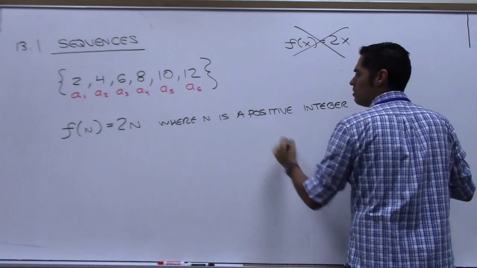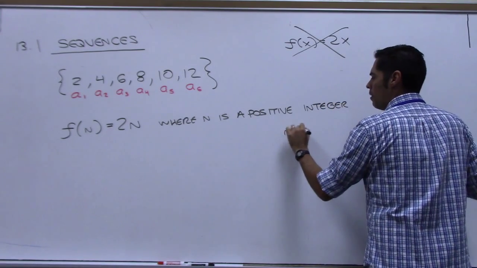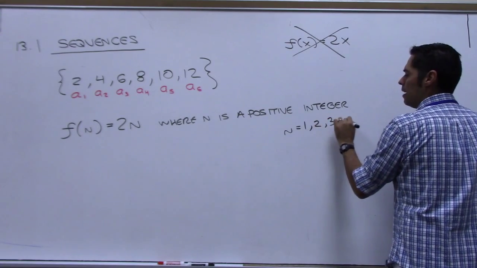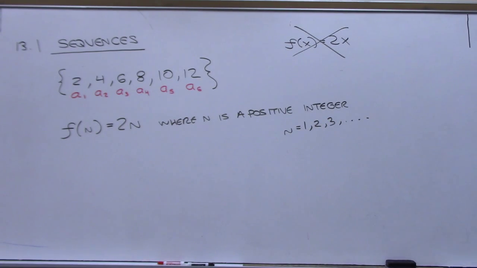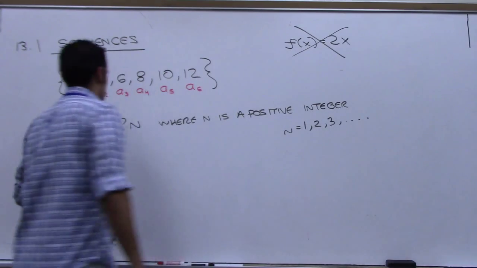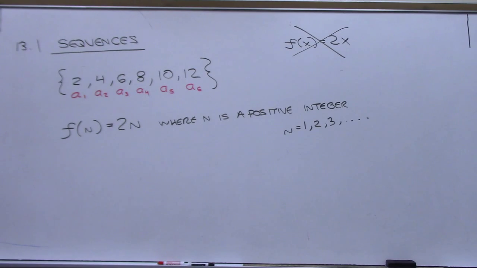In other words, n is 1, 2, 3, dot, dot, dot, which is a sequence itself, an infinite sequence.